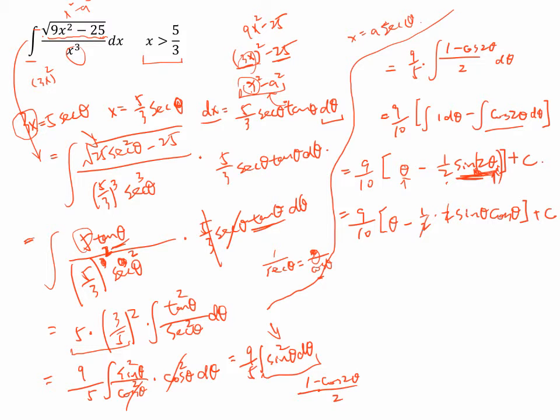So I cancel these 2 out. This is 9/10 theta minus sine theta cosine theta, plus C. So now everything is about single theta, and I can use the triangle method.